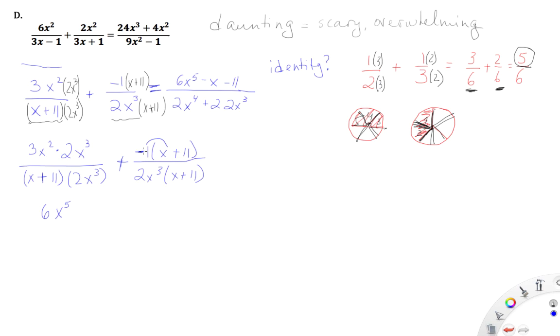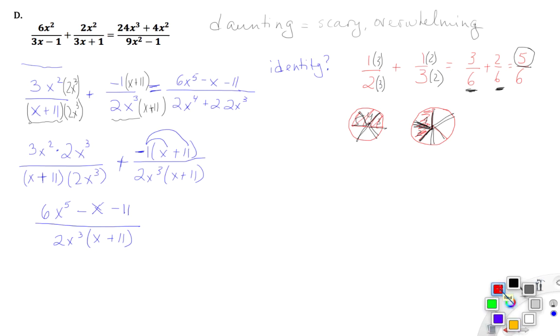I get negative 1 times positive x becomes negative 1x, or just negative x. And then negative 1 times positive 11 is just negative 11. What do I get on the bottom? Let's just copy it for now. 2x to the third over x plus 11. If you notice now, the denominators are the same, so I can just write them together under the entire expression.